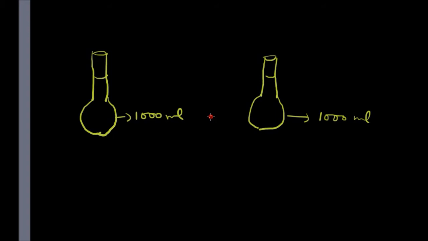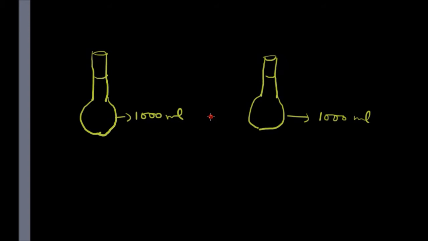What you see on the screen are volumetric flasks or standard flasks. If you fill the flask up to the mark seen on the neck, it will tell you that the volume of the solution or liquid in the flask is exactly 1000 ml, that is 1000.0 ml or 1 liter. So, this is said to be 1 liter standard flask.